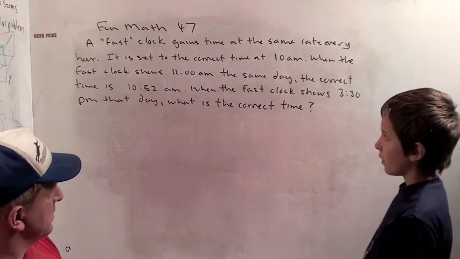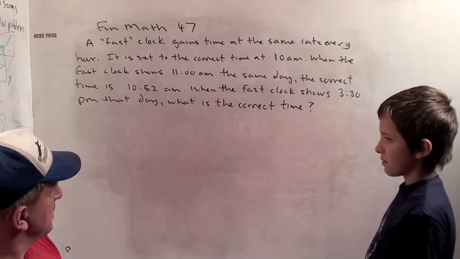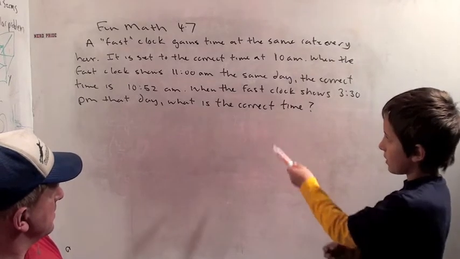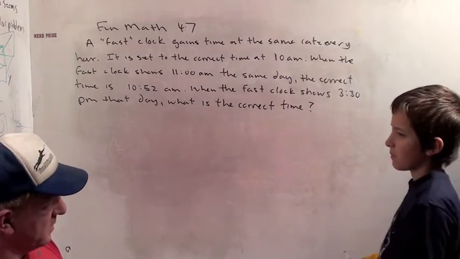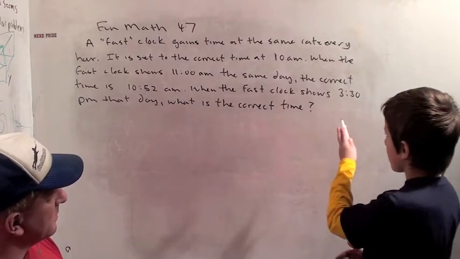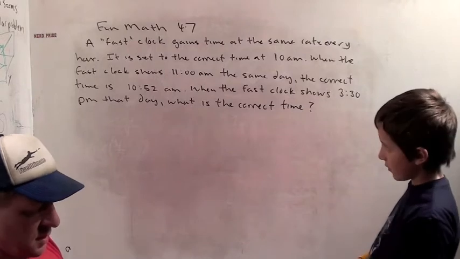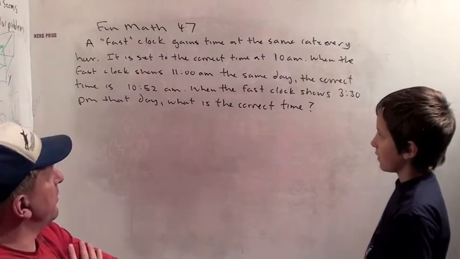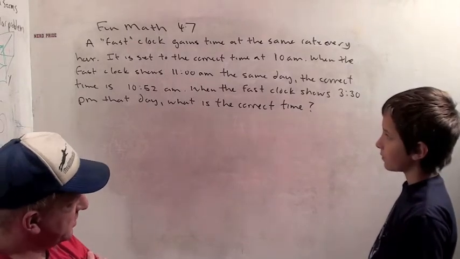That means there's an 8-minute difference. And what are we trying to find? The actual time when the fast clock shows 3:30.